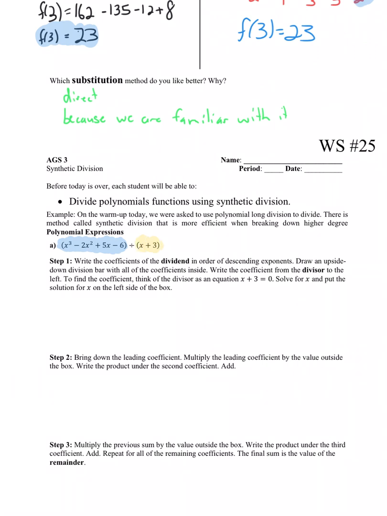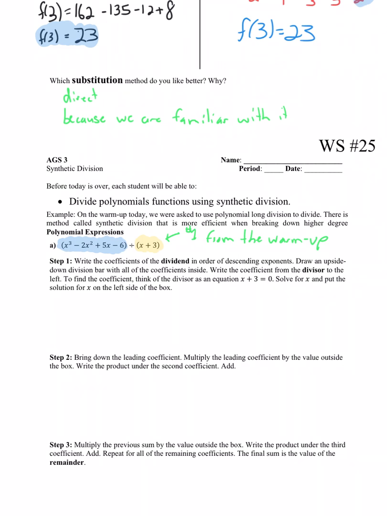The way this works is we're going to write the coefficients of the dividend in order of descending exponents. Just so you know, this is number 1 from the warm-up. So we've already solved this with polynomial long division. Now we're going to look at it with synthetic division.